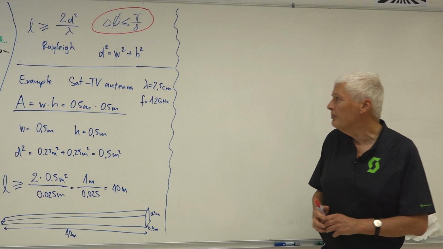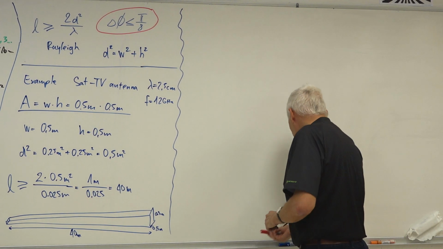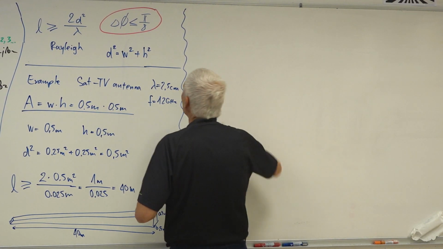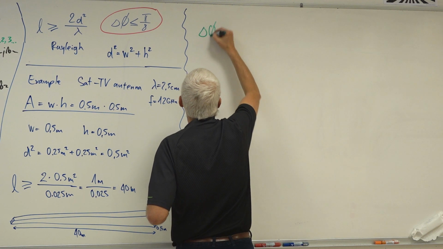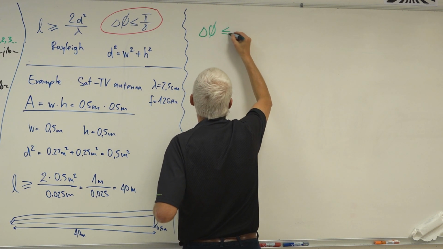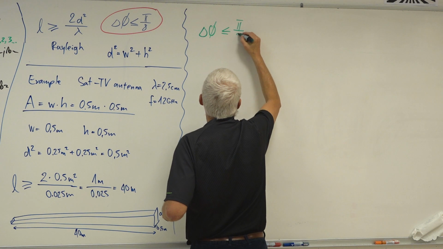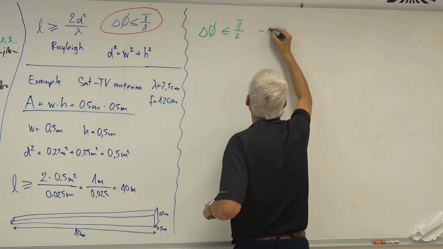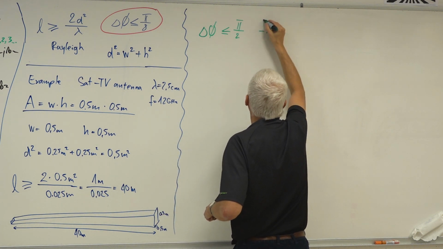So we have to find a compromise, and quite a good compromise is to let the phase error go below pi half. This means minus 1 dB of gain.